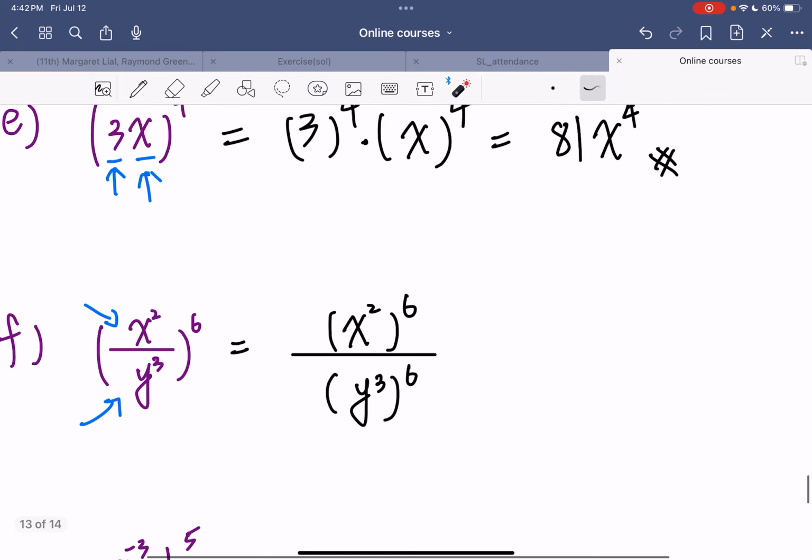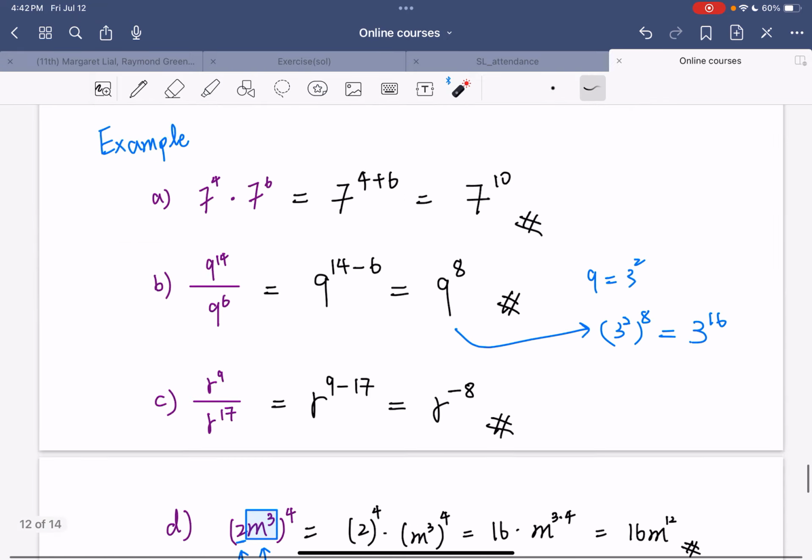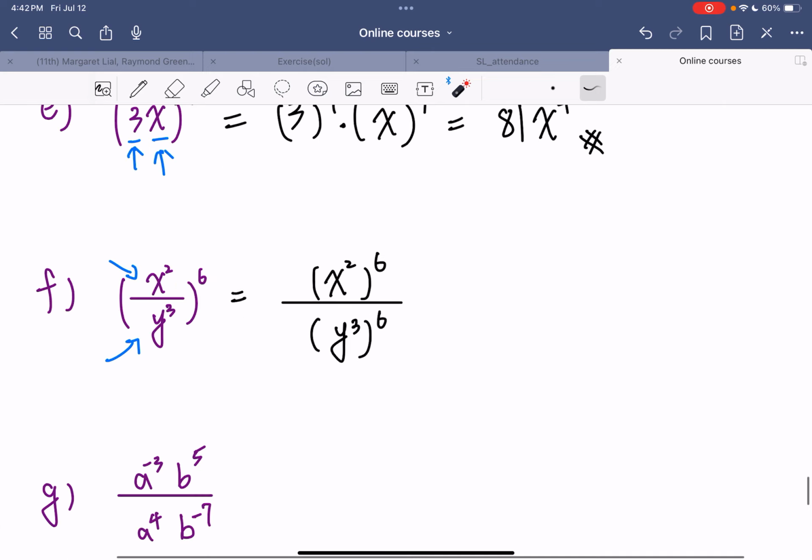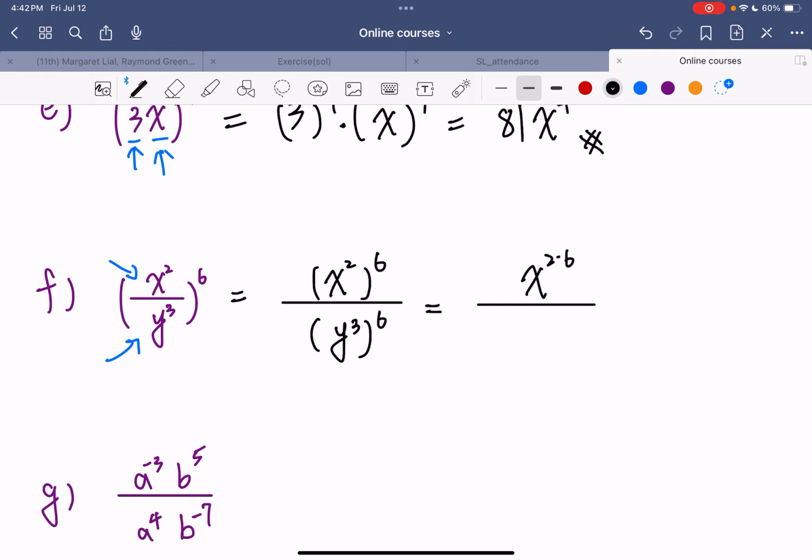Then we're going to use property 3. Yeah, this one. You'll get familiar with this. One exponent inside the bracket, one outside the bracket, you multiply them. So here, let's do the numerator first. 2 times 6, and for the denominator it's 3 times 6.